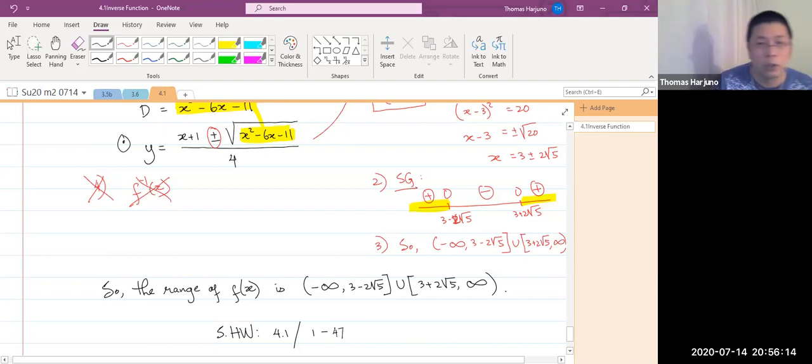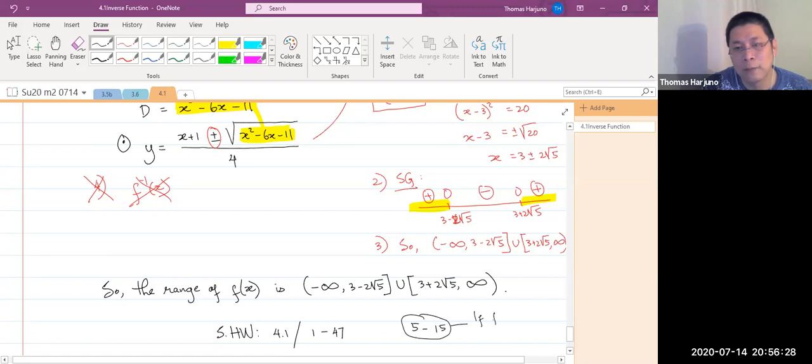Now, there's some part there between number 5 to number 15. The question is, how do we determine whether the function is 1-to-1?